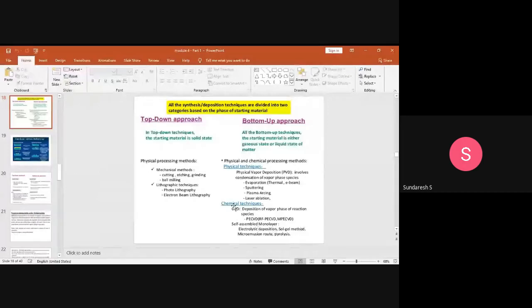So we're starting with the bottom-up approach, under which we have a chemical technique, under which we have the sol gel method. These are the methods they have specified in your syllabus. That's why I have particularly taken those methods. Not all the methods are required, only a few methods they have specified, and I have taken only those methods for the discussion. Okay?